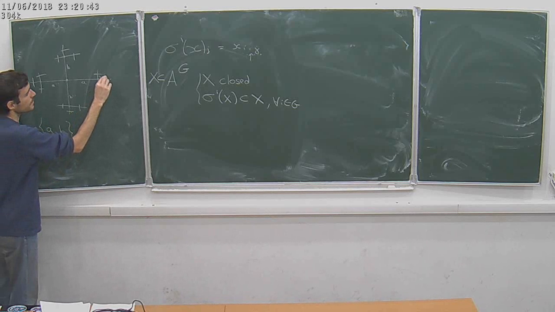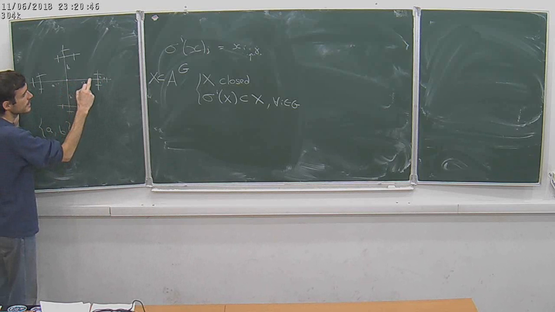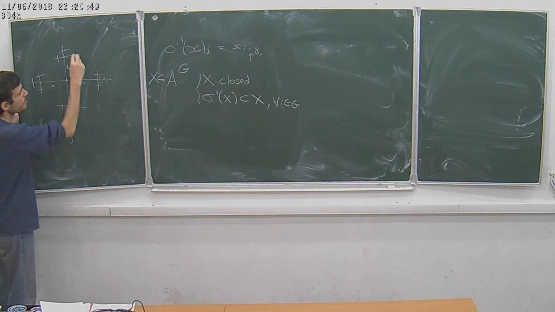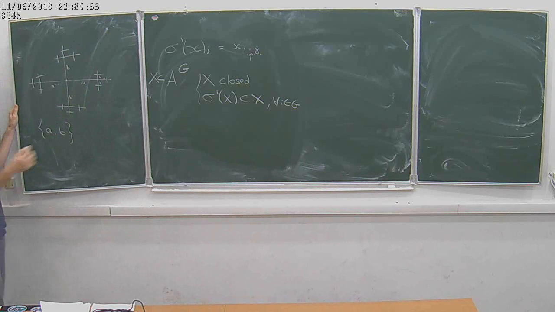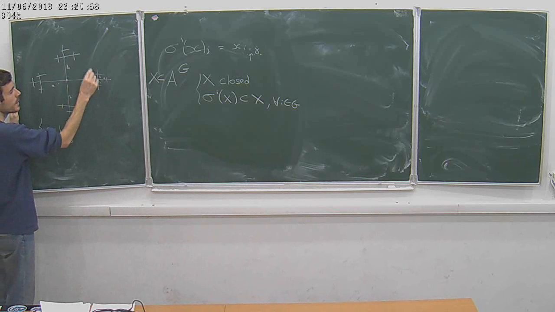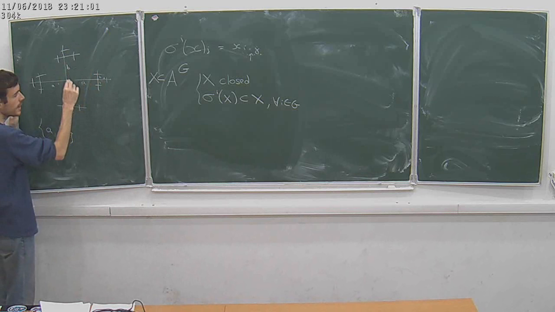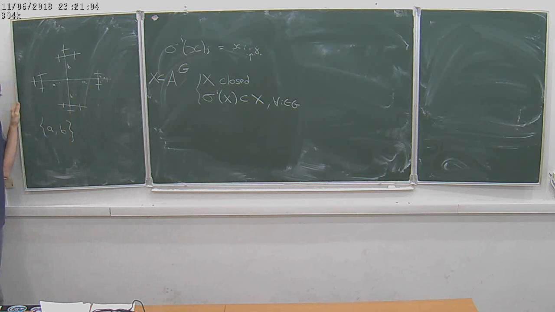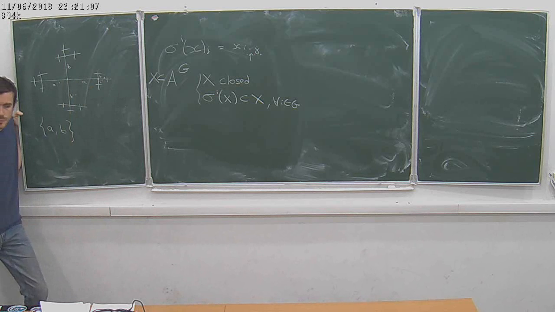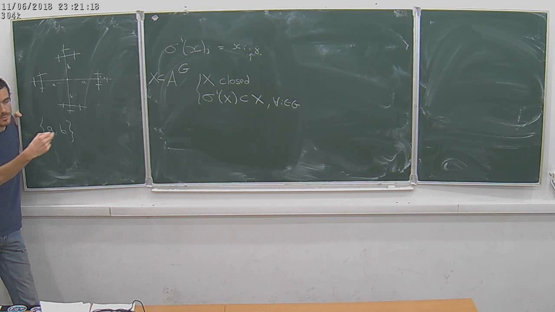And the fact that it's a free group tells you that you cannot meet any other points that you drew from another branch, because otherwise it would mean that you have a relation in the group. Here, the only way to do a cycle in this graph is to come back at the same point. This is exactly equivalent to being a free group, because cycles in the Cayley graph correspond to relations between a product of elements from the generating set.